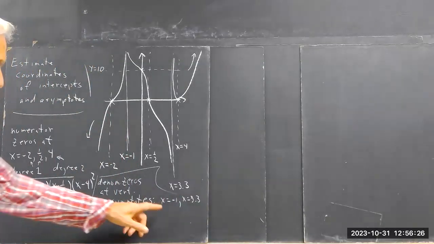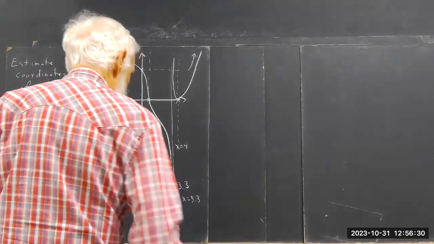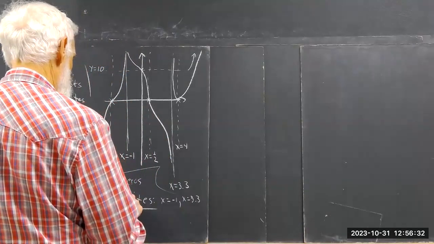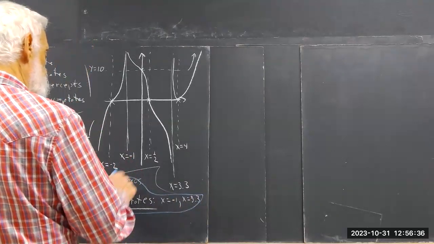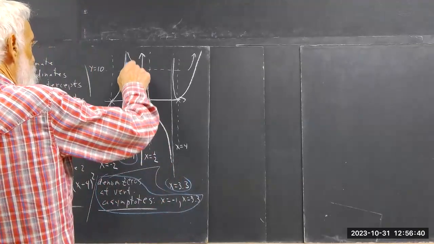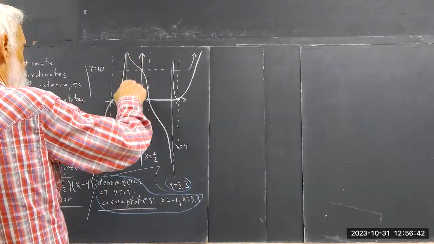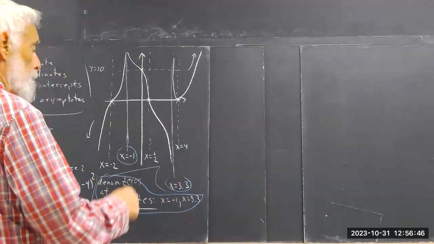Your vertical asymptotes are x equals -1 and x equals 3.3. Let's emphasize that. Blue circle around this, blue circle around this, and let's even make the asymptote blue. I hate saying asymptotes, but we're going to do it anyway.